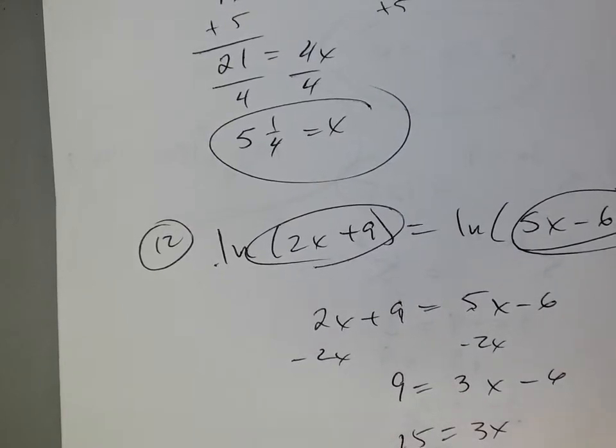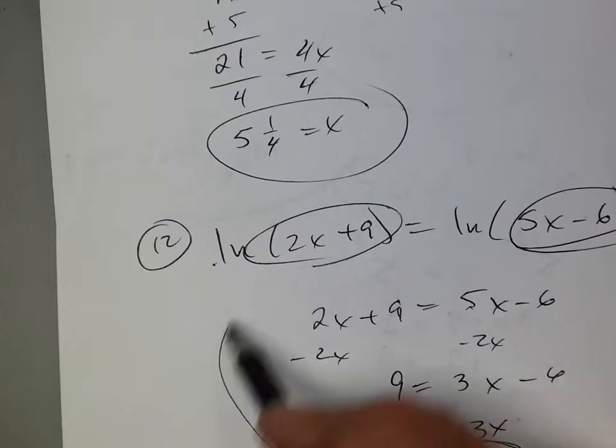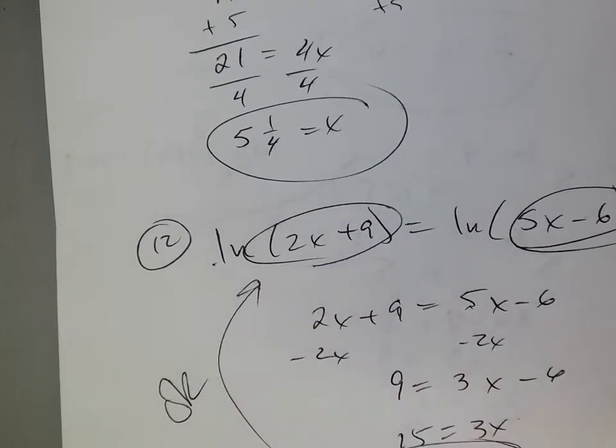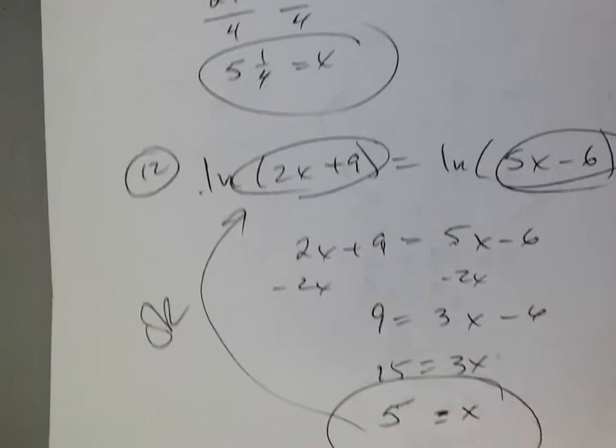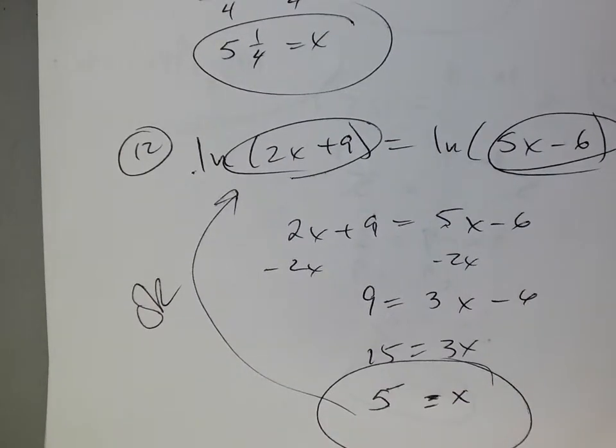I get 5. Is 5 okay? Yeah, 5's okay. 5's not going to give me a negative answer. If I plug 5 in, I'm still going to be good. I'm going to be golden. Hey, we're almost done, right? We're almost done.